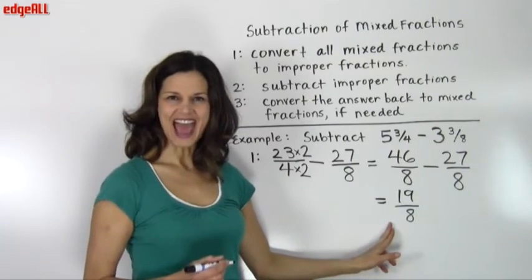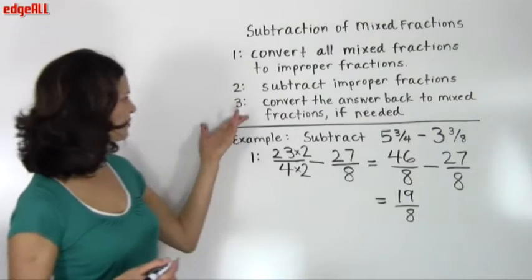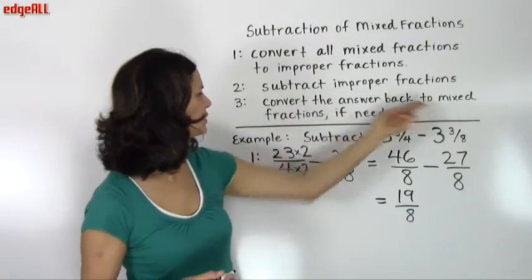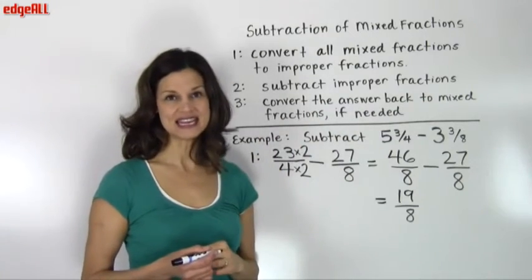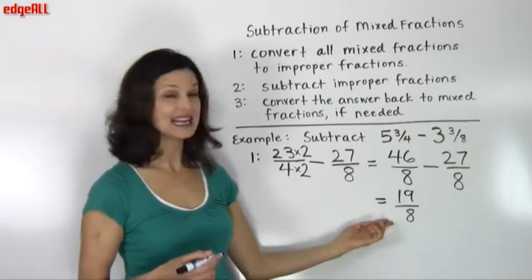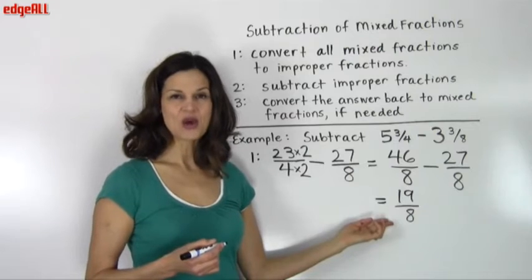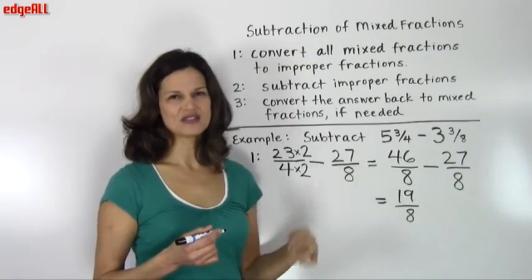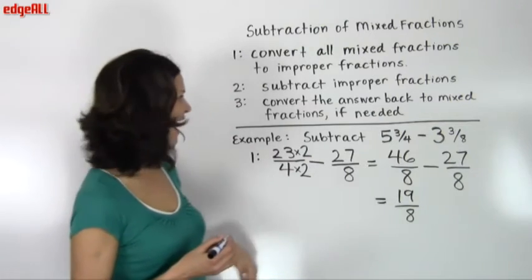So now let's look at our last step, step 3, in which we are asked to convert the answer back to a mixed fraction if needed. So this is still in an improper fraction form where my numerator is bigger than my denominator. So I do want to convert this back to a mixed fraction.